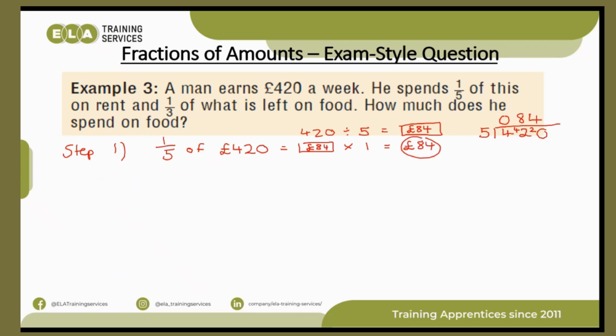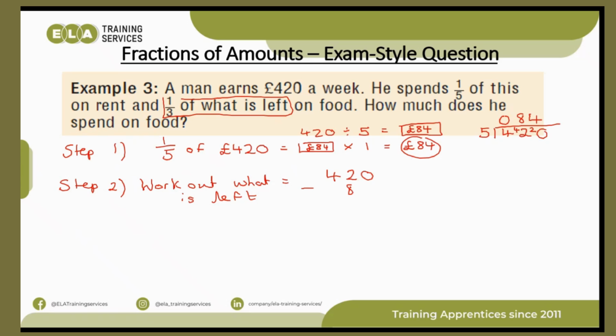Okay, then our step 2, it says, and 1/3 of what is left. So how do we work out what is left? We need to do 420 take away 84, and we're going to put it in what we call column method.